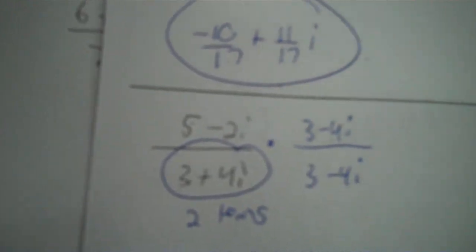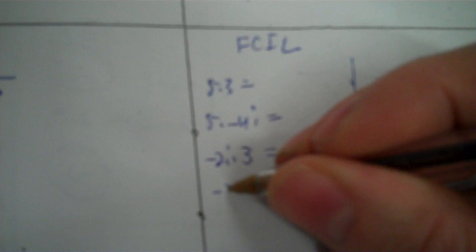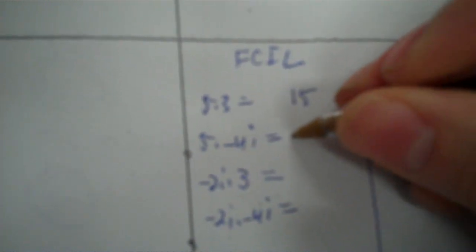Now, on top, I have to do the full FOIL, okay? 5 times 3, 5 times negative 4i, negative 2i times 3, and then negative 2i times negative 4i. 15, negative 12i, negative 6i, and 8i squared.